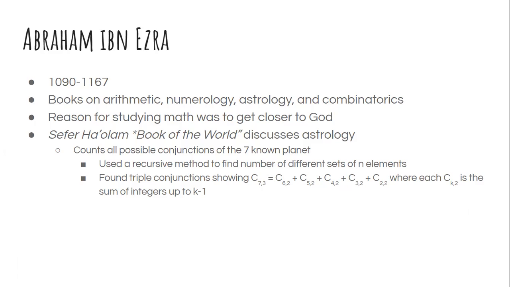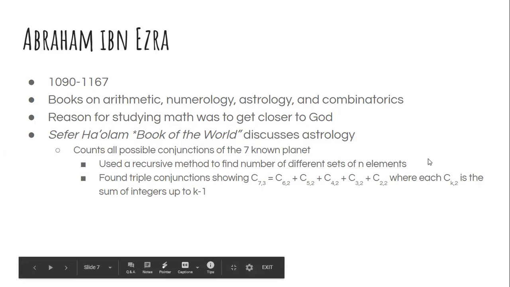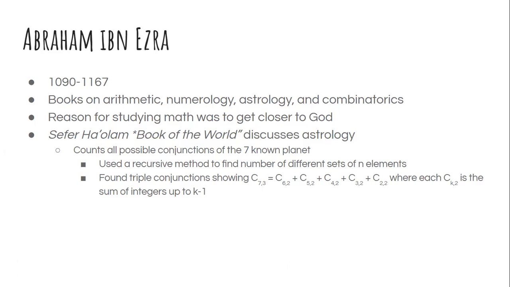And he eventually continued in this manner with quadruple conjunctions and so on. Then he ended up finding the total of 120 for these conjunctions of the 7 known planets. So that was pretty interesting, how he brought the choose function and combinations into astrology in this book that he wrote.